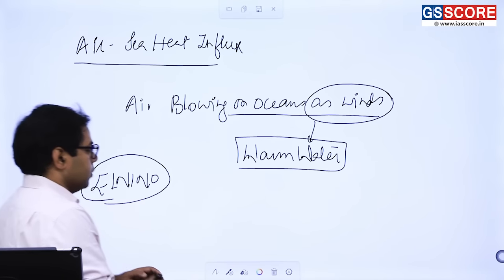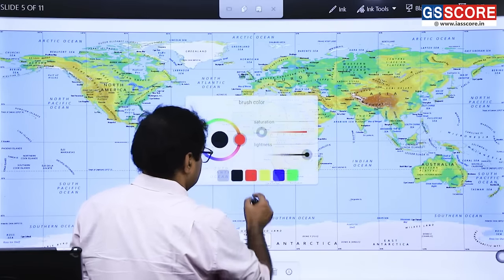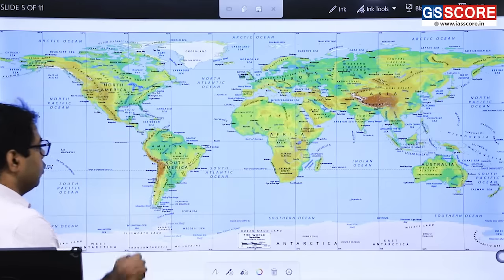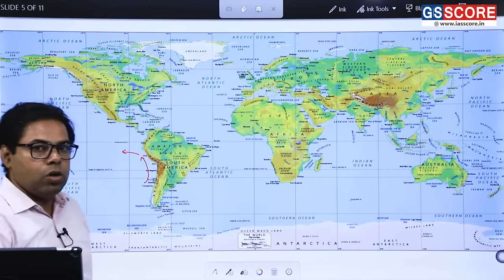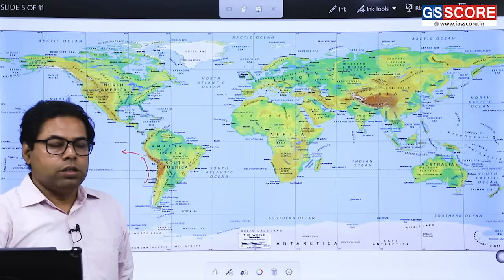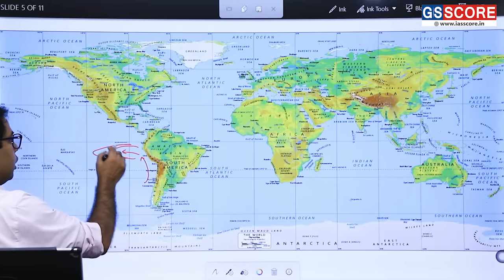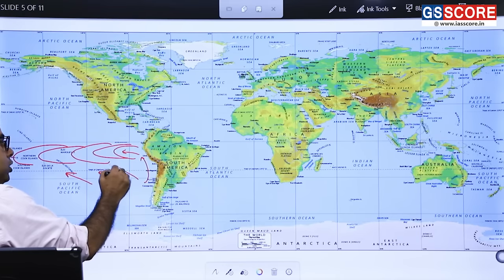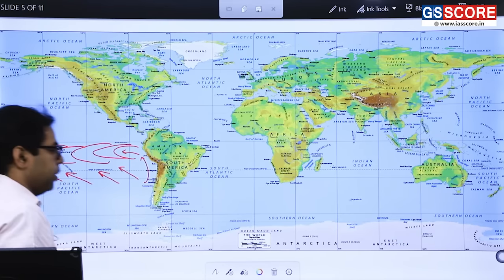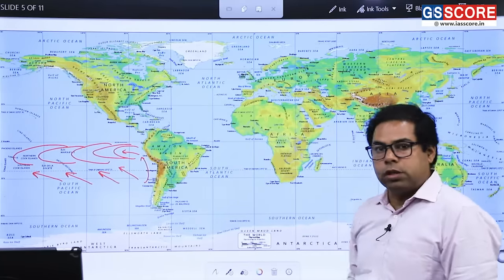For example, if you see this on the map, the ocean current, the ocean water over the west coast of South America, their warm current is blowing, or the warm water is expanding towards the west under the effect of southeast trade winds, or tropical easterlies.